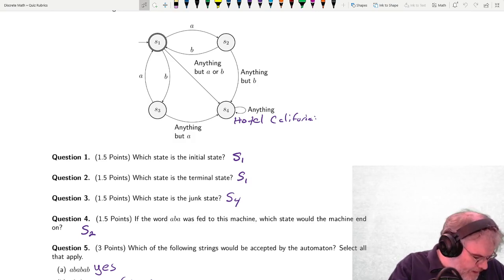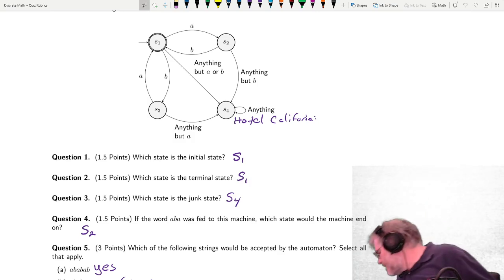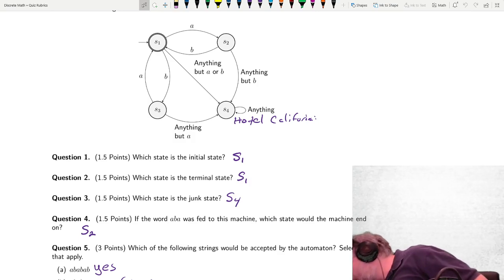Regular expression, finite state automata, accepting. So your book uses the word accepting. The other book uses the word terminal, same thing.